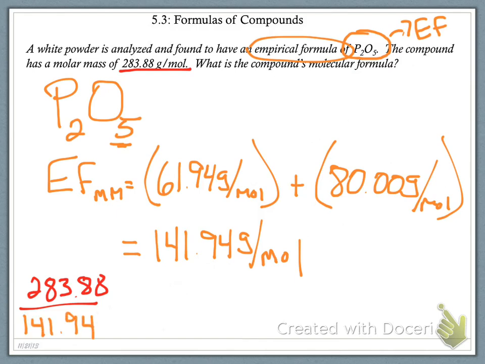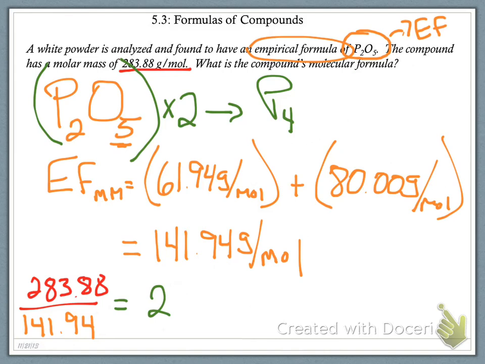And we see, hopefully, that the molecular formula is twice the empirical formula. So that means we come up here to our original empirical formula, and we multiply all of our subscripts by 2. So our final result is P4O10. That is our molecular formula. Bingo! Ha! We just found our brand new product, which we're going to sell for millions of dollars.